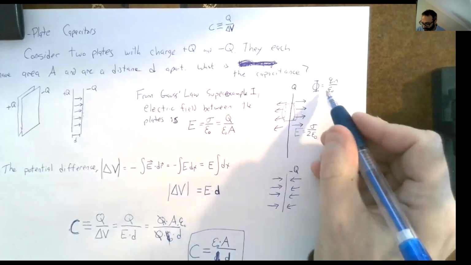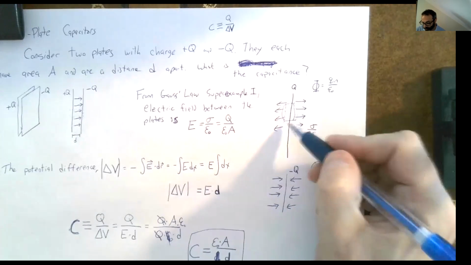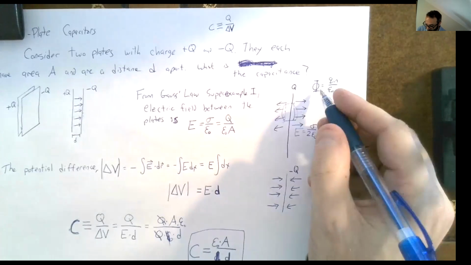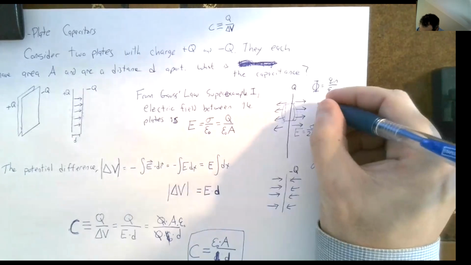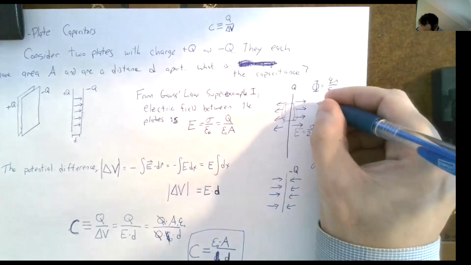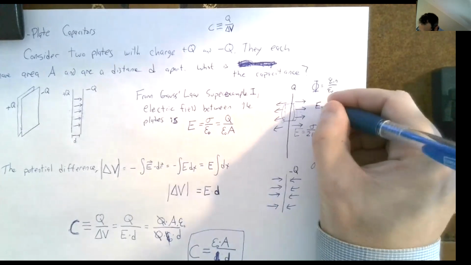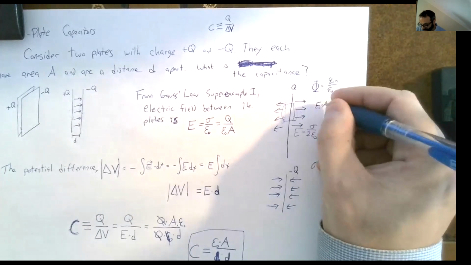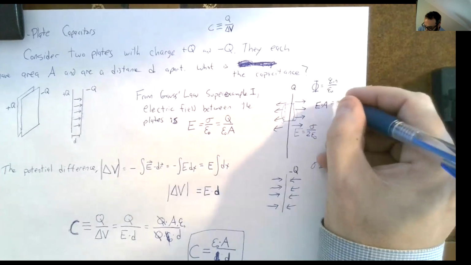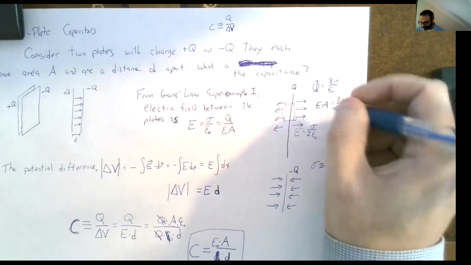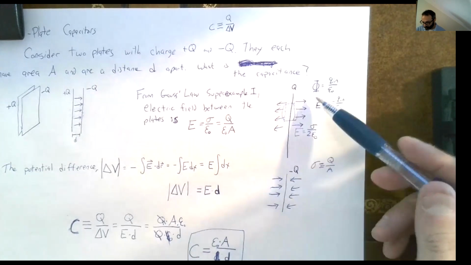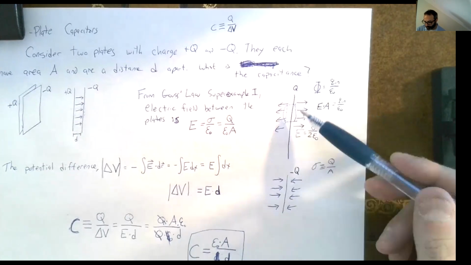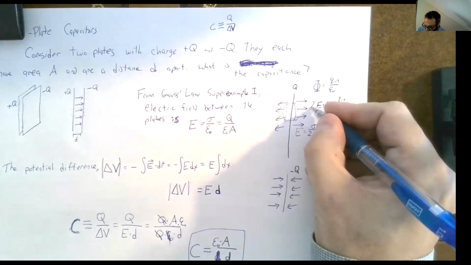In certain situations, such as this one, when there's a lot of symmetry, usually this flux we get from the integral of the electric field with the area, but in this case it simplifies down to just E times the area, which is the enclosed charge over epsilon naught. That's what we did here, except there were two of them, the one on the left and the one on the right. So we got two.